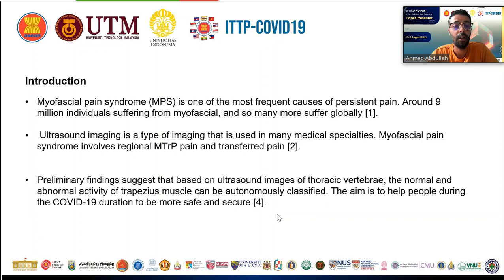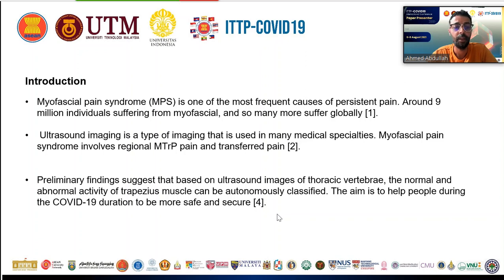Ultrasound is an image type that is used in many medical specialties. Myofascial pain syndrome involves regional MTrP pain and transfer pain.